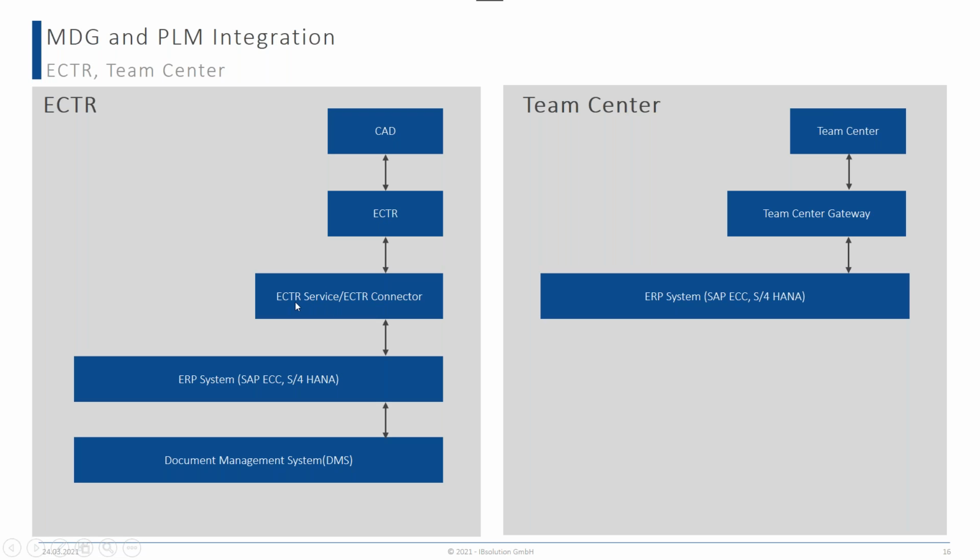So ECTR is connected by the ECTR connector services, or more commonly by RFCs, or some web services can also be used. Similarly, in Teamcenter we have the Teamcenter Gateway, and it uses T4S4.